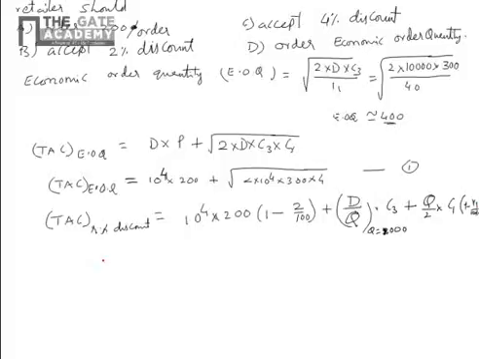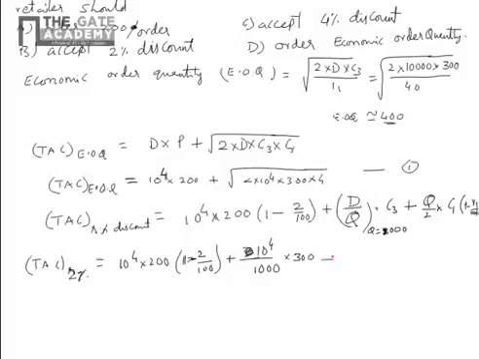Sorry. So TAC with 2% discount is equal to 10 power 4 into 200 into 1 minus 2 by 100, plus D by Q, where D is 10 power 4 divided by 1000, into C3, which is 300, plus Q is 1000 divided by 2 into C1, which is 40, into 1 minus 2 by 100. Simplify, this is equation 2.